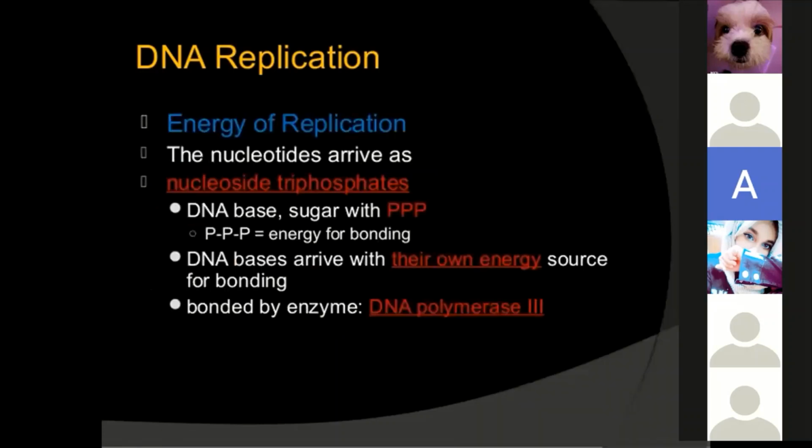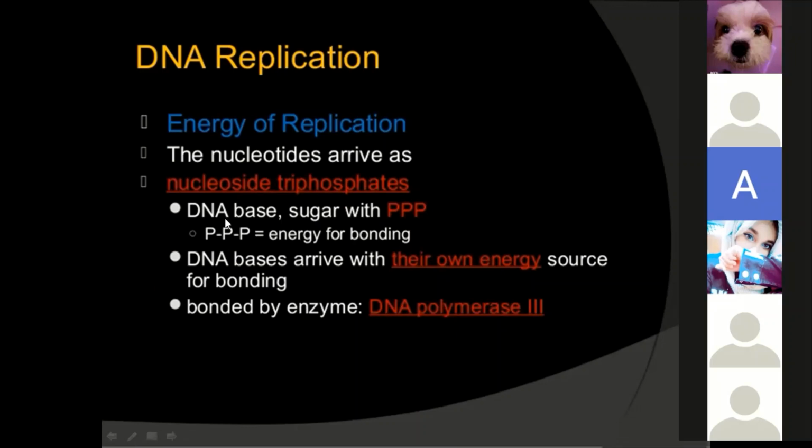There are many enzymes involved in the process, which I'll tell you about slowly one by one. Basically, DNA replication requires energy. The energy of replication comes from the fact that nucleotides arrive as nucleoside triphosphates. Phosphate is always for energy.